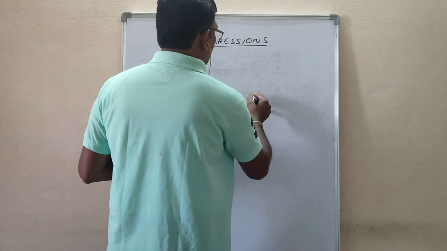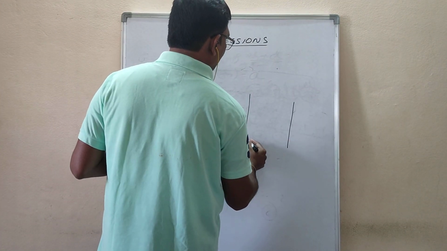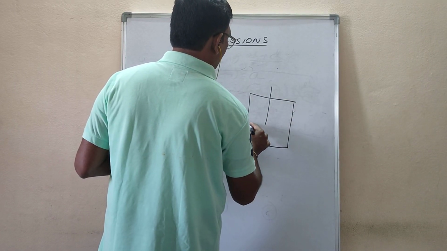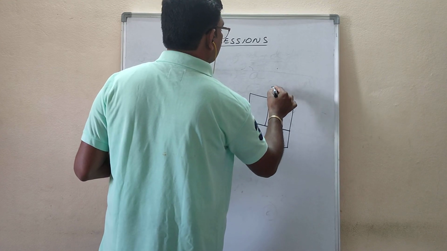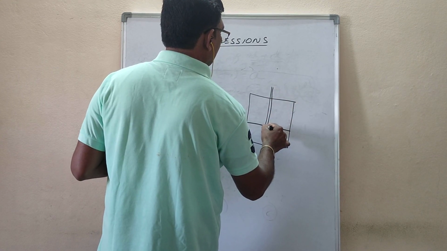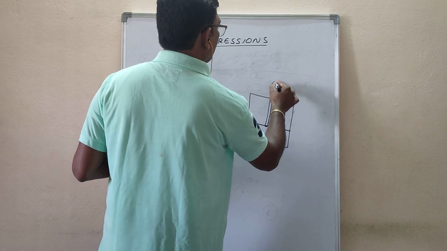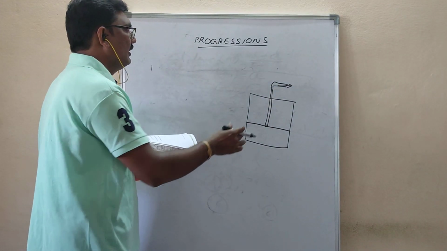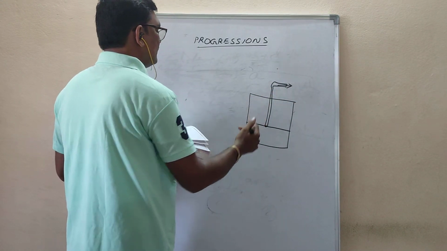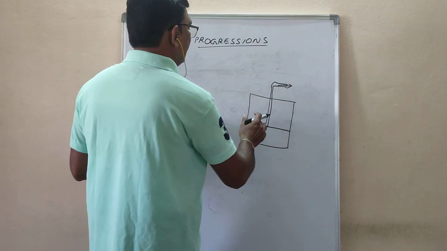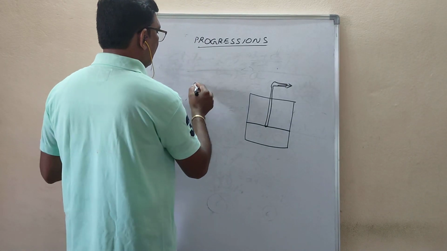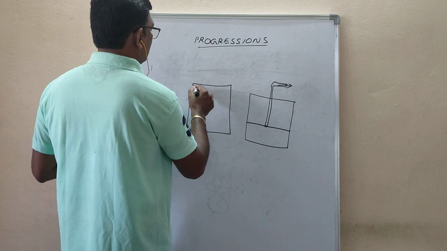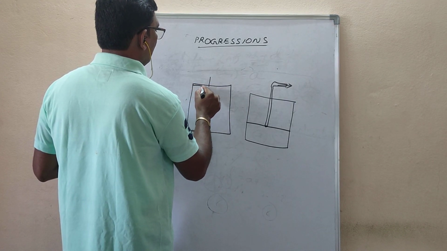So here, cylinder and vacuum pump. So here, it is a cylinder. First, imagine that in this cylinder the entire air is there. The cylinder is entirely filled with air.